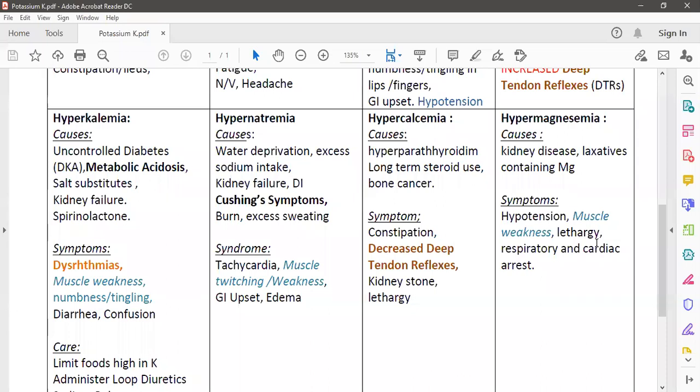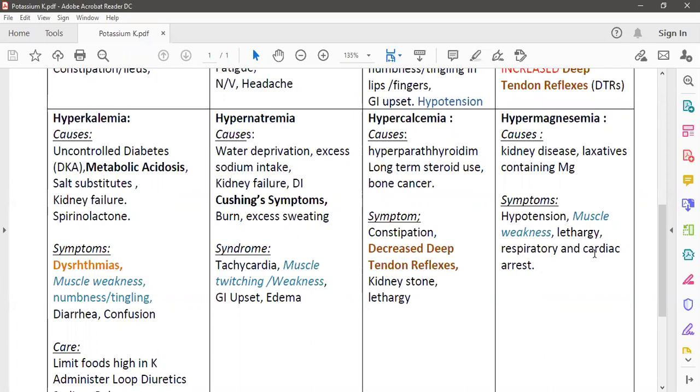Or sometimes central nervous system depression or lethargy, or they develop hypotension or bradycardia. This bradycardia also causes cardiac arrest.